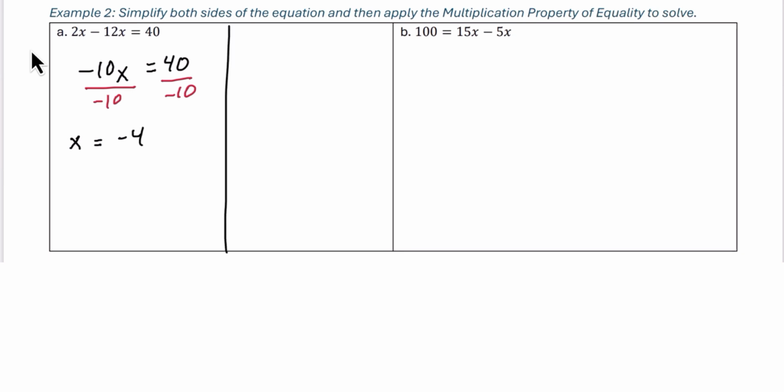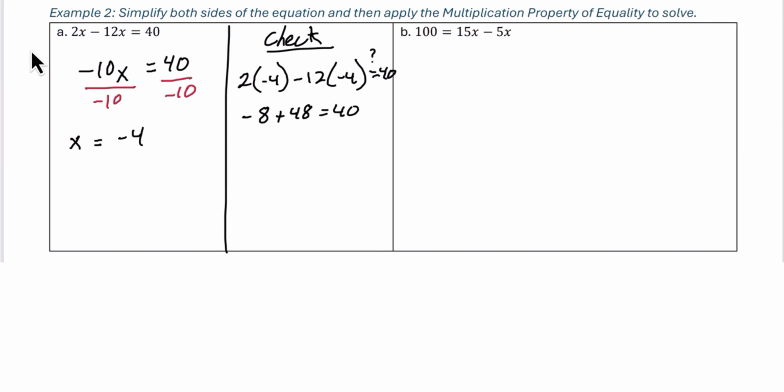We can check. Two times -4 minus 12 times -4. And we're asking, is that equal to 40? We get -8 plus 48 equals 40. 40 equals 40. That is a true statement, which means -4 is correct.